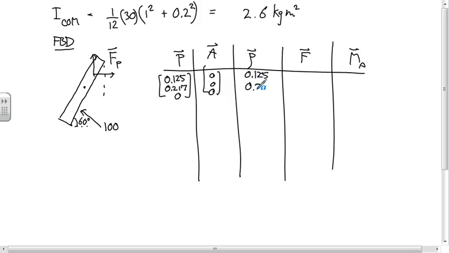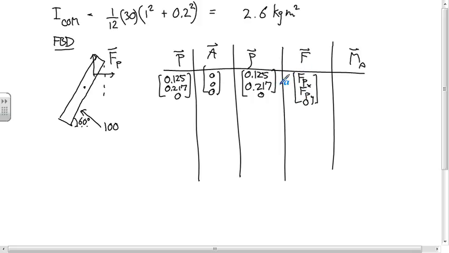Subtract to get the row vector. The force vector is FPX, FPY, 0. And now take that cross product.